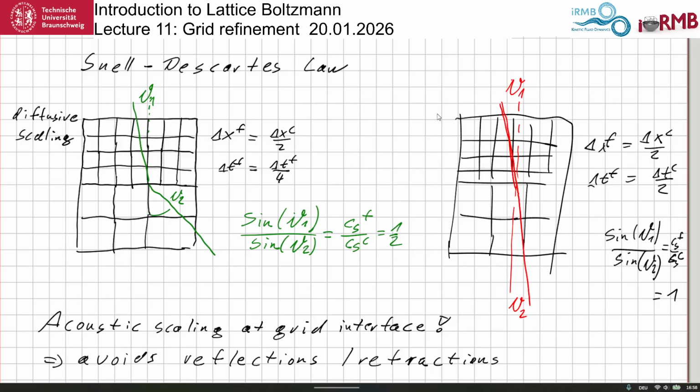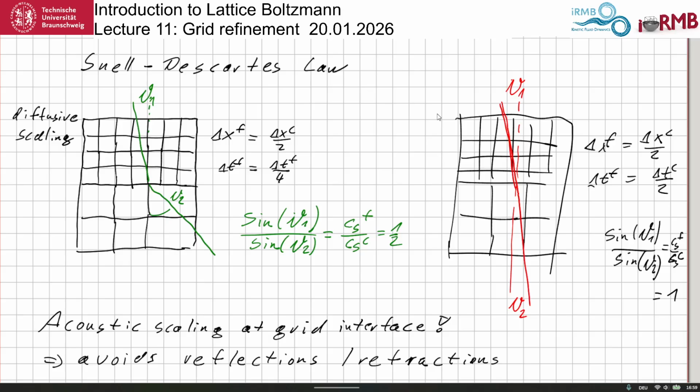And this vortex crossing the interface will generate a pressure wave. So not having reflection does not mean that there's no generation of pressure waves. So this is one problem.